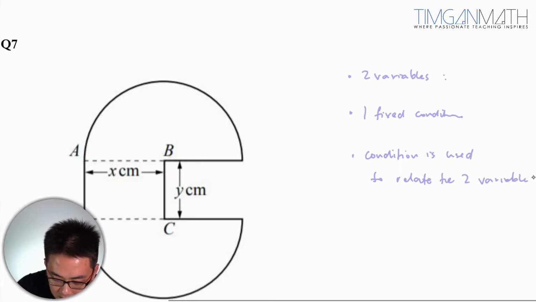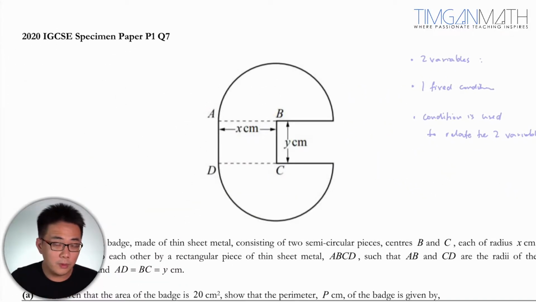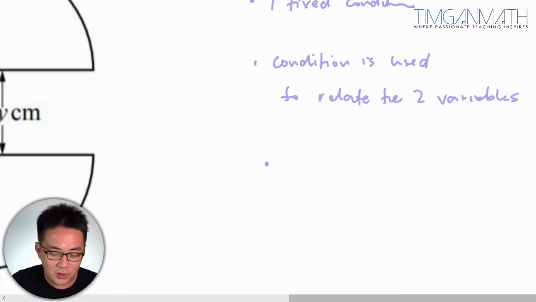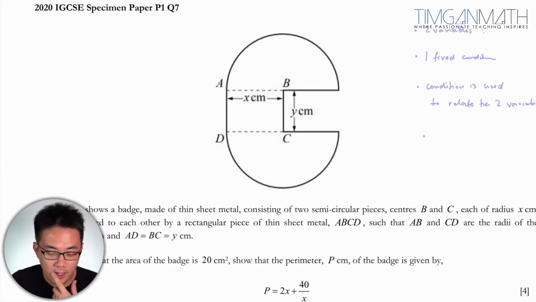So you identify two variables, then identify a fixed condition which relates them, so that you can express whatever you want in one single variable.